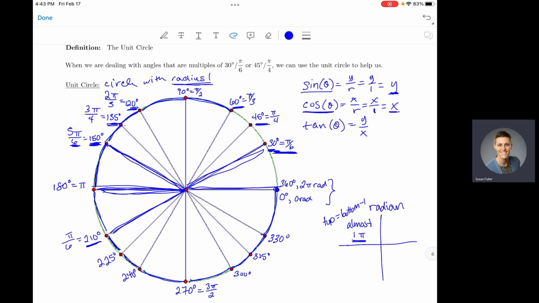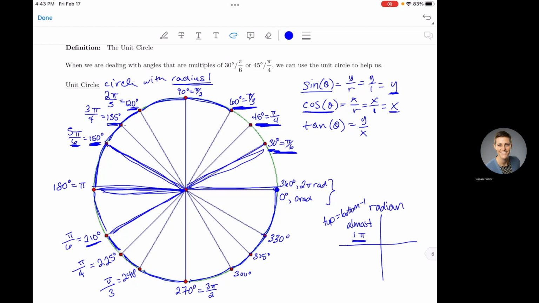My denominator in radians is going to be the same. In 225, my reference angle here is 45 degrees or pi over 4. So my radian measure is going to be something pi over 4. And my 240 degrees has the same reference angle as pi over 3. So I know this is going to be something pi over 3.